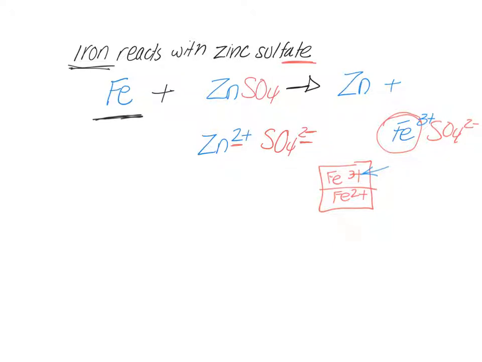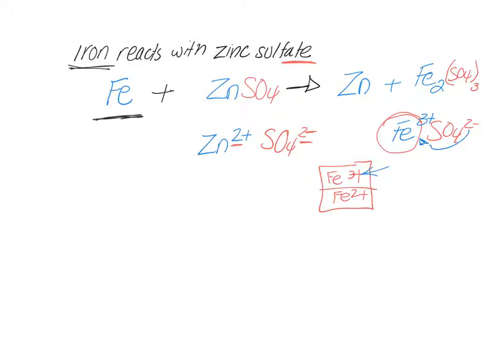As far as the formula goes for this, I will get Fe with the 2, because the 2 is going to come down here. And I will get SO4 in brackets with the 3, because the 3 is going to come over there.